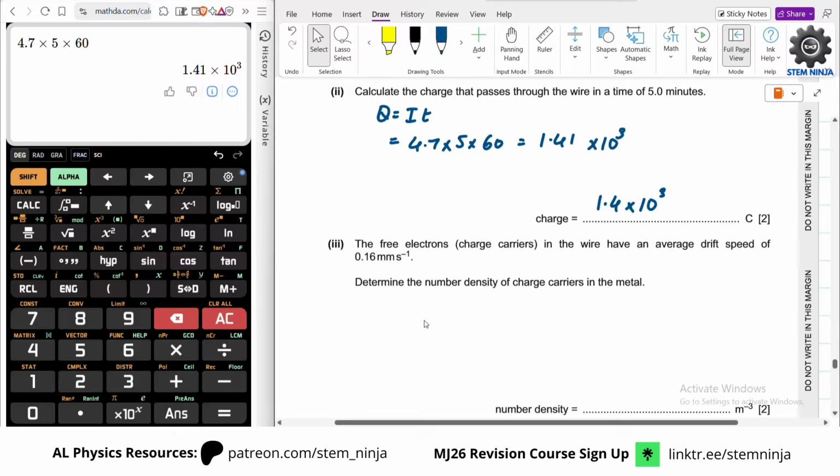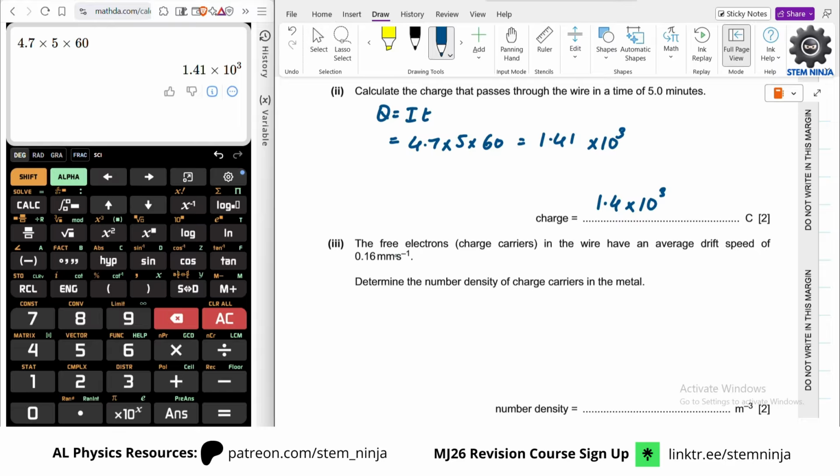The free electron charge carriers in the wire have an average drift speed of 0.16 millimeter per second. Determine the number density of the charge carriers in the metal. Okay, so we have the formula I equals n A Q v.